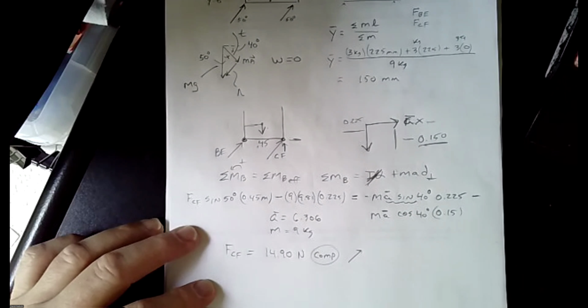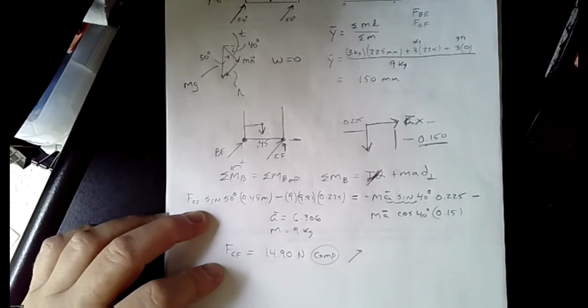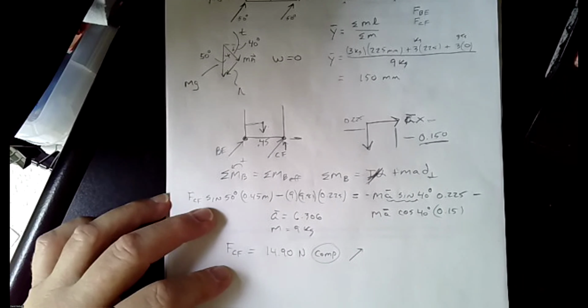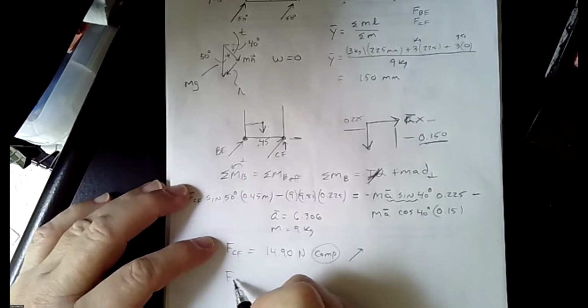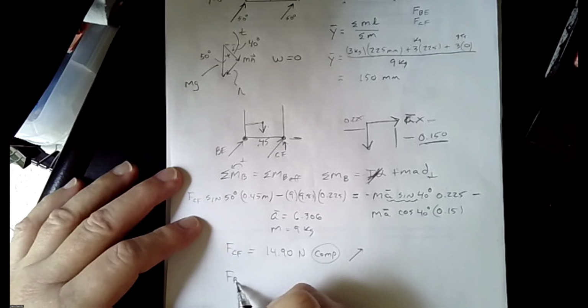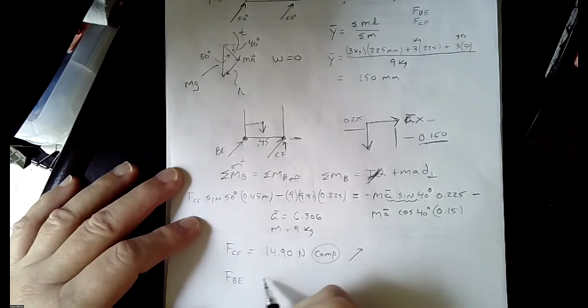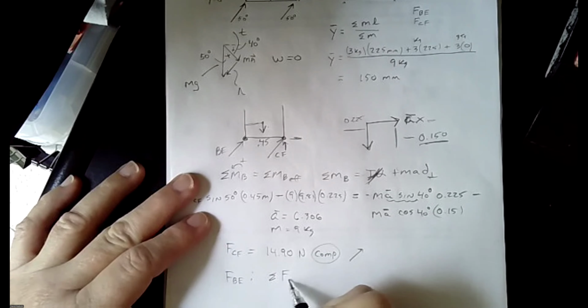And then if we want to know what the FB, not CF, I'm sorry, the other F, the FBE, then we simply sum the forces in the Y equal to 0.